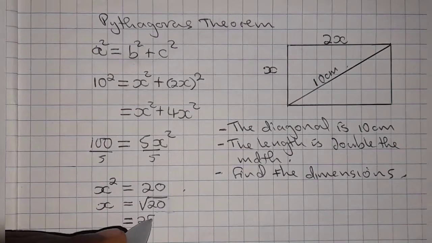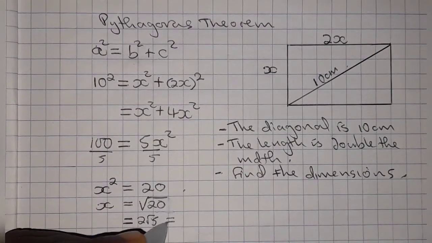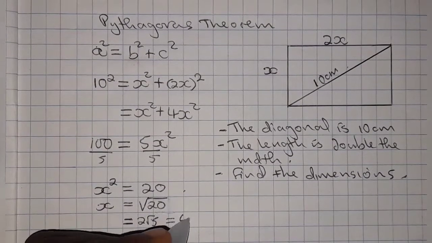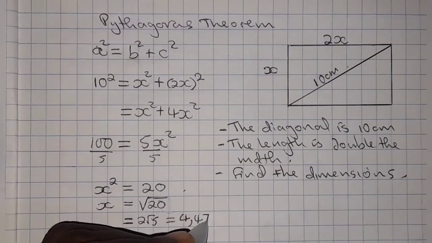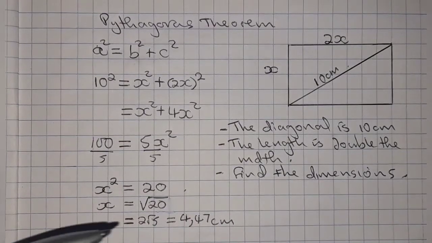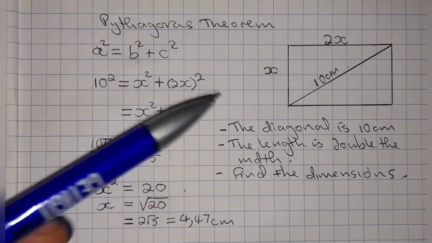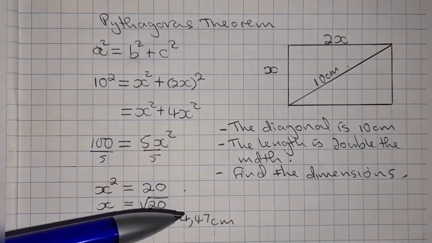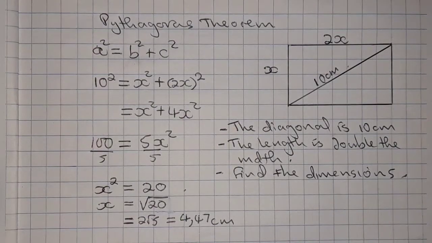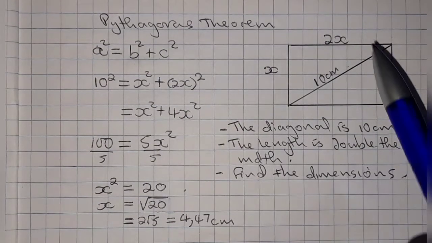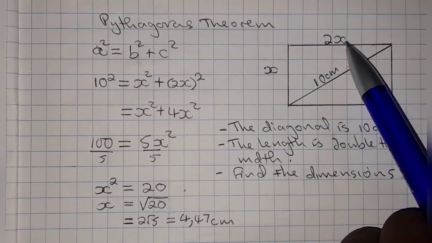2 root 5, which as a decimal is 4.47 centimeters, rounded off to two decimal places. So our width is equal to 4.47 centimeters. And remember, we were told that our length is double the width.